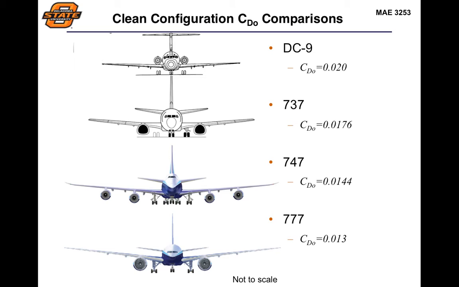If you come up with a CD naught value that's 0.005, you're probably going to be much too low, so you're not making a good estimate of that overall CD naught. And likewise, if you end up with something that is even near 0.1, then your CD naught is going to be too high.